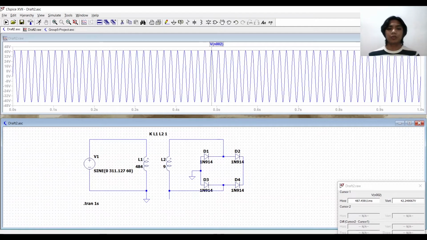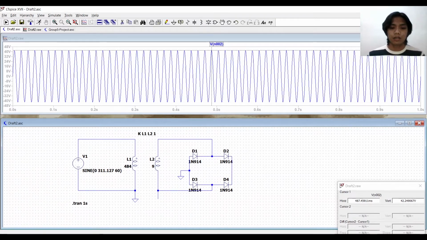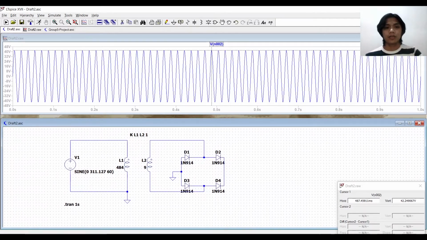There we would be making use of the diode 1N914, as we know this diode as a silicon diode, which means that it would have a voltage drop of 0.7 volts.